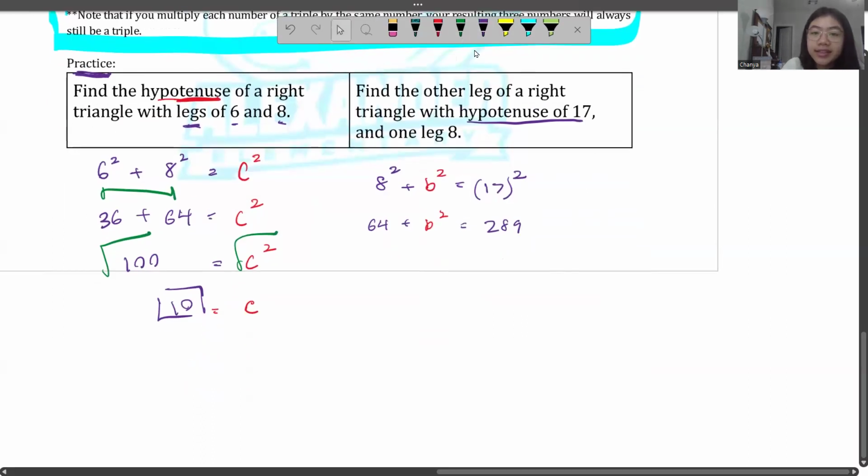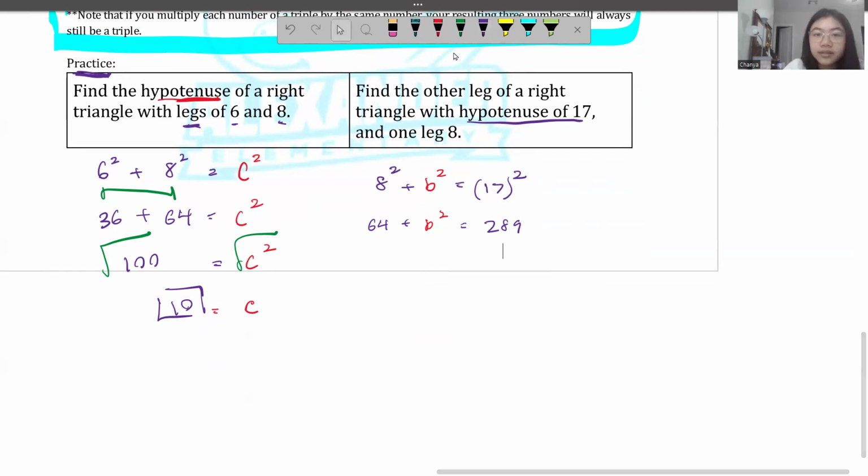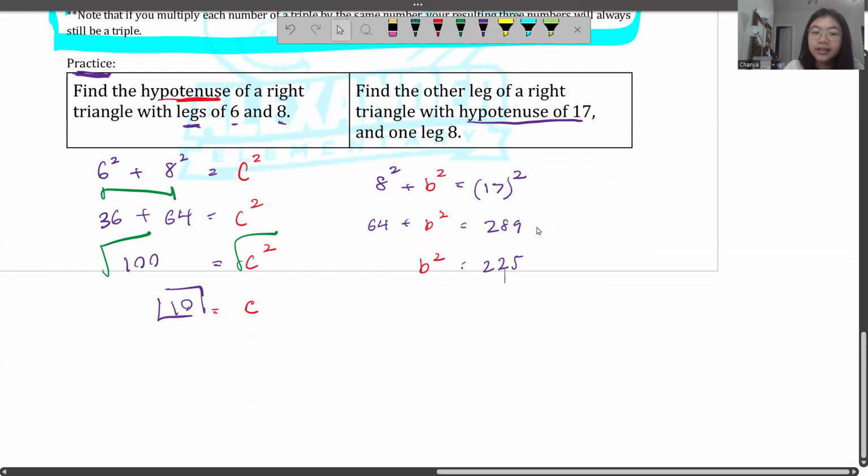Okay, so now subtracting 64 from both sides, you get that B squared is equal to 289 minus 64, which is 225, right? And this is again where your squares come in handy, because I recognize that 225 is 15 times 15.